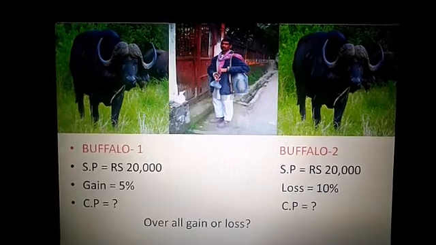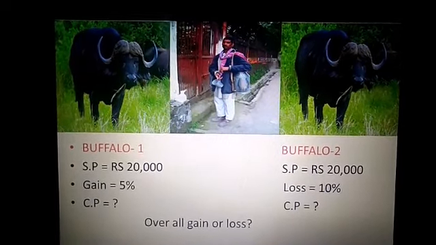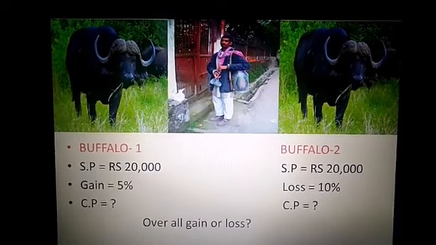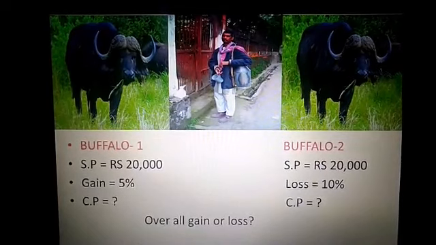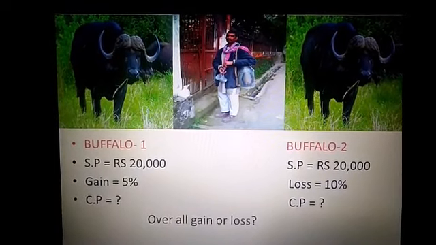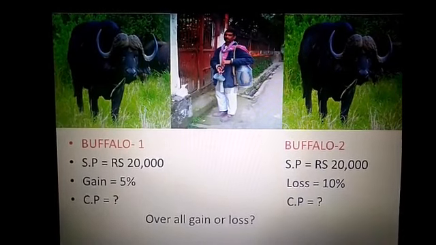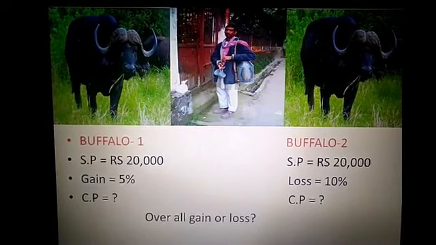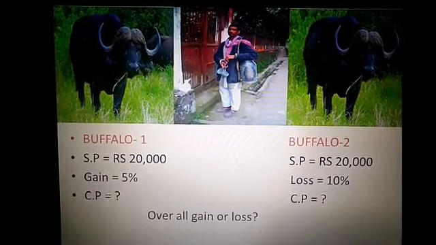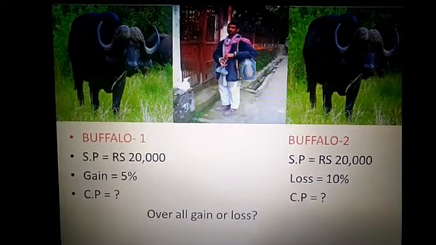Here if you see the data, for buffalo 1, SP is given, 20,000 rupees, and gain is 5%, and now CP is not given, we have to find out. And just like that, even for the second buffalo, the same SP 20,000 rupees, loss is 10% and CP we need to find out. And one more question is given in the sum, that is overall gain or loss in the whole transaction we need to find out.